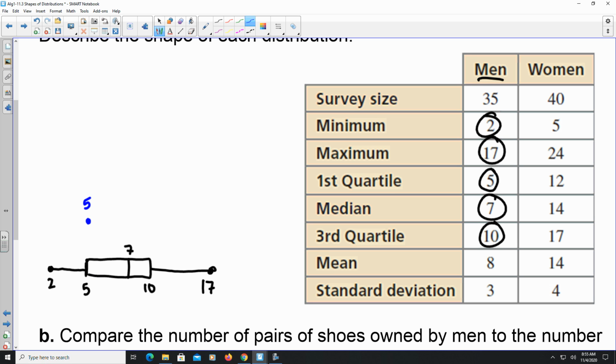My first quartile was 12, so it looks like I'll say it's right about there. My median is 14, and my third quartile is 17, so it's about the same. So it's about 14. So we got 12, 17, and then my maximum number was 24.